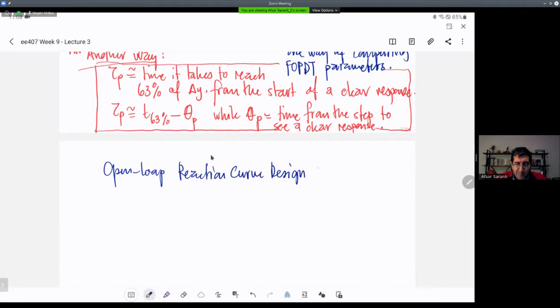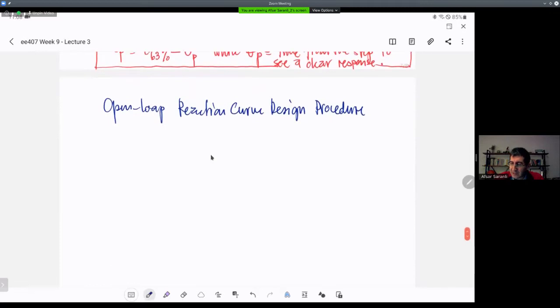It's given as a procedure, but essentially it's based on this bump test and the obtained FOPDT model and some design formulas. Later on I will derive these design formulas for you in the following lectures, but for the time being, let's assume that the design rules are already available.